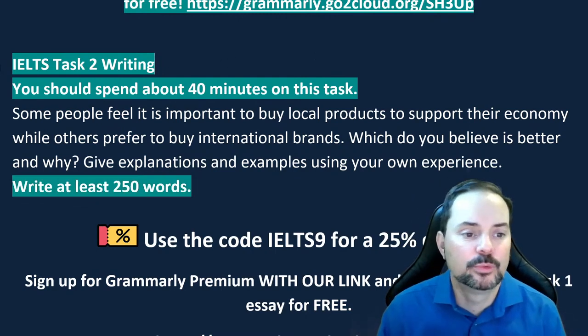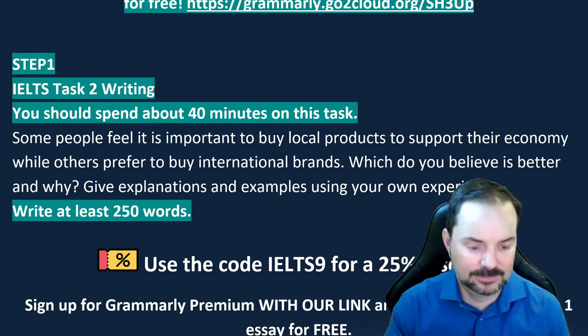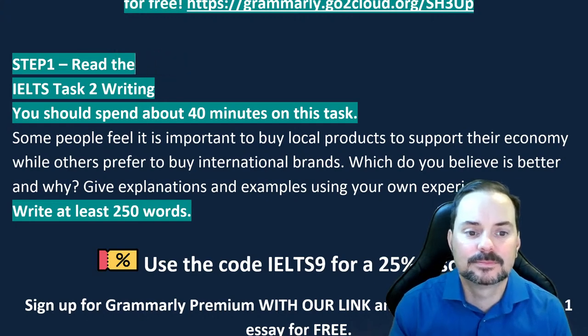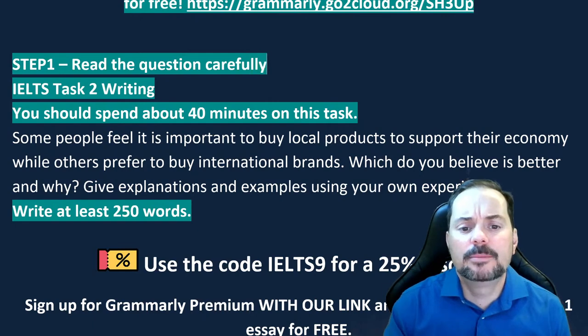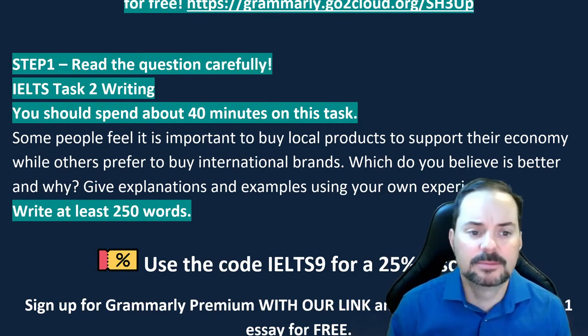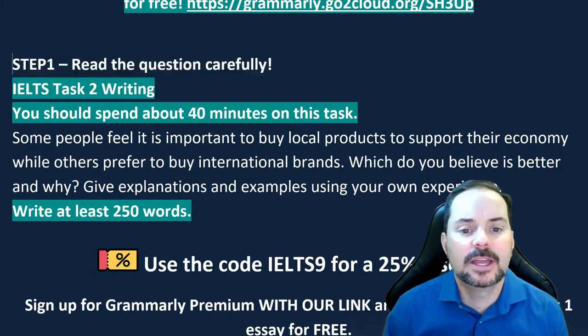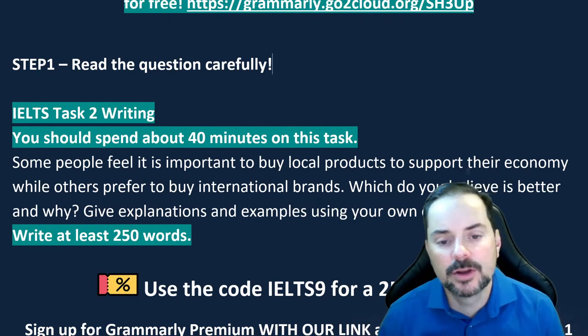Step 1, read the question carefully. The number one mistake by students is that they don't read the question carefully and they write off topic. They don't know why they got a bad score.